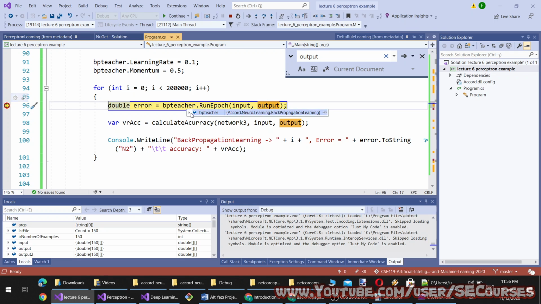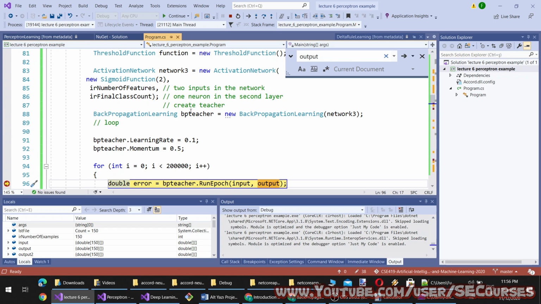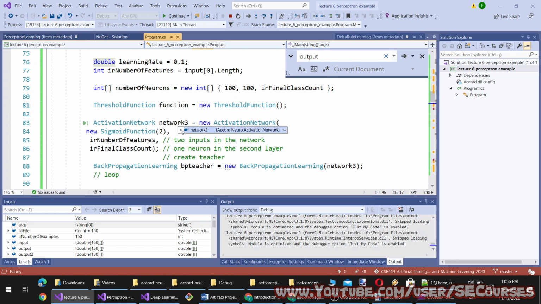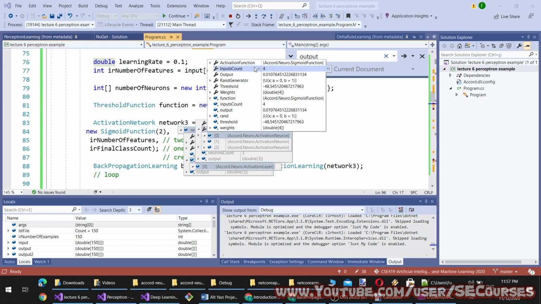So if I put a breakpoint here, I can see the weights of the neurons. So these are the weights of the neurons, weighted updates of the backpropagation teacher, and when I check the network, I can see it has one layer which has 3 neurons, and each neuron has 4 input weights.